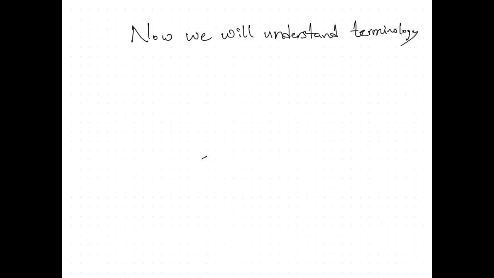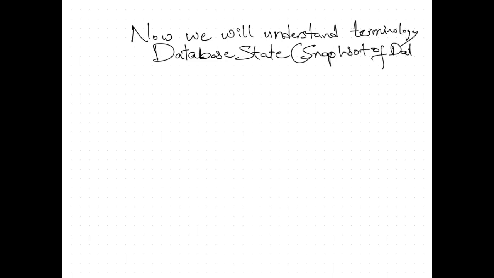Now we'll understand a terminology called database state, which is also referred to as a snapshot of the database. Let us understand this with an example.